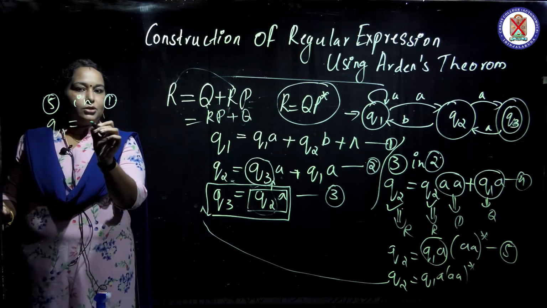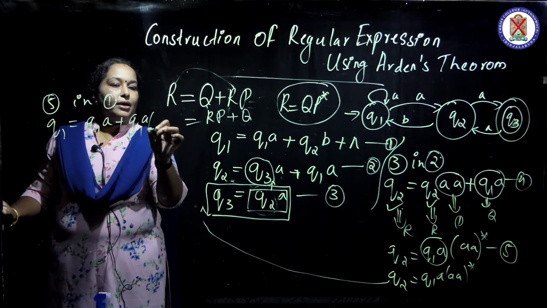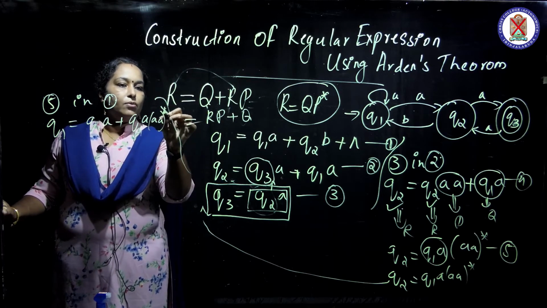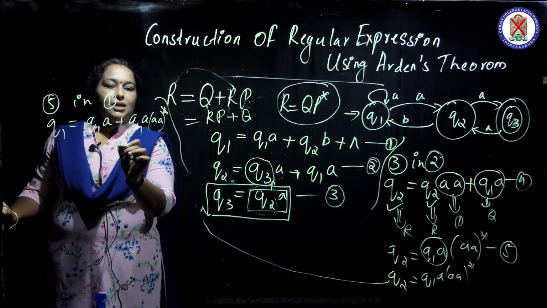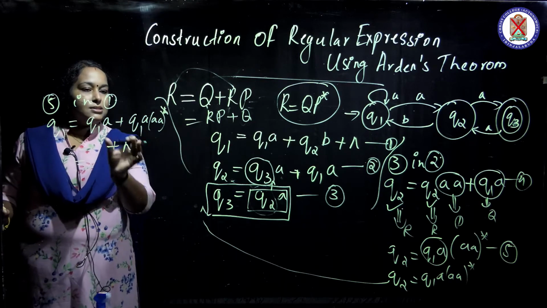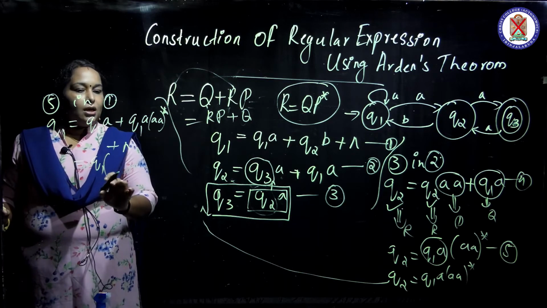Q1 is equal to Q1A plus (Q1A) whole star, then plus epsilon. Look at here, Q1 and Q1 is the same, so better bring it out of the bracket.